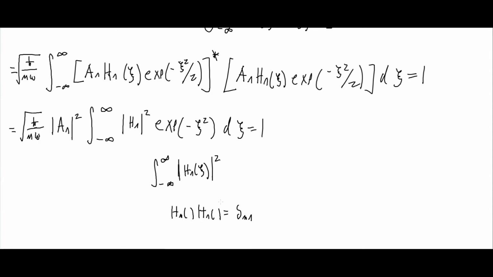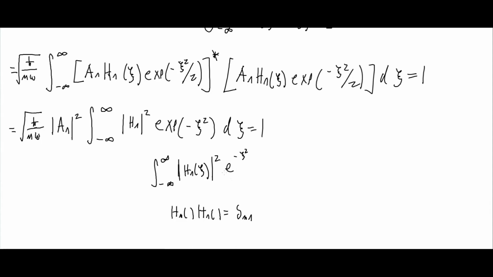And so when we square it, we're just saying that this m and n are equal to each other, and so that's what this is here. Then we have our e to the minus xi squared, and this is our weight function.